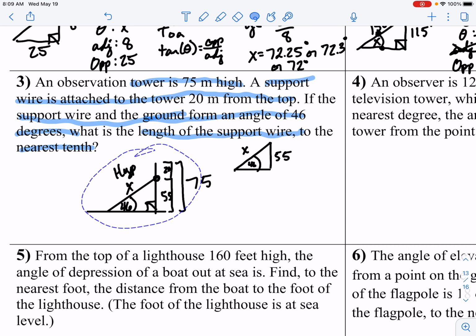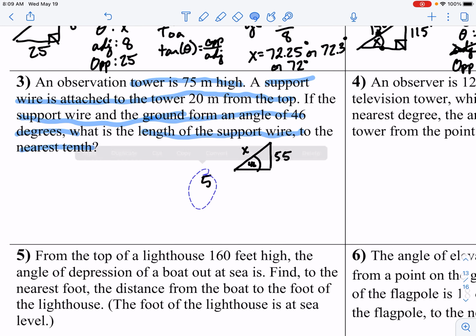Because of that, I'm going to delete what I had. Again, label triangle X. Theta this time is 46.